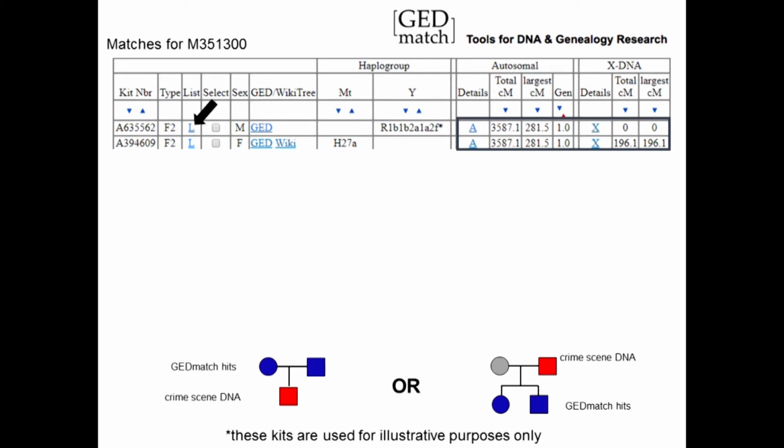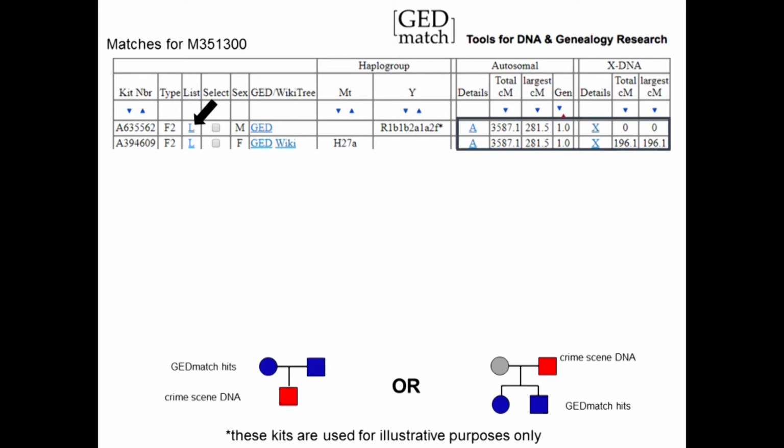What is helpful, though, is analyzing the matches of the matches. And GEDmatch actually enables us to do this. We can click this link to basically show what kits match to this individual. The reason that is helpful is that under this scenario, not only are these two individuals related to this person through their common paternal link, but they're also related to each other, they should be expected to share some segments of DNA, being both offspring of that common father.